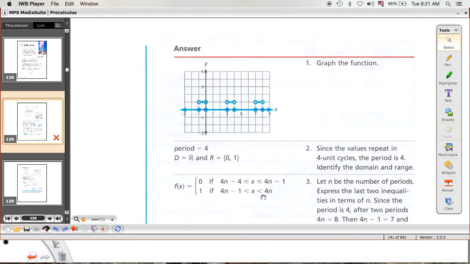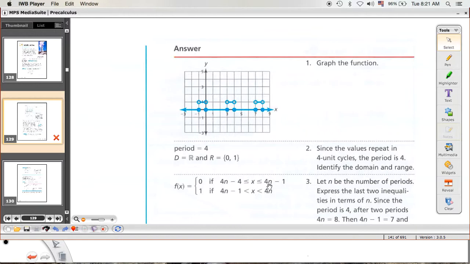We're going to be having an open circle at our 1. Now, how far does the 1 go? Well, it's 1 unit less than that. So we start 1 unit less than that, so that's 4n minus 1, and we go up to our 4n. Now, when we drop down to 0, we're actually equal to it this time.